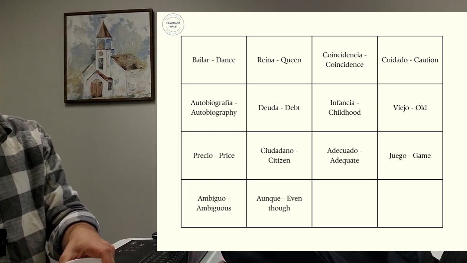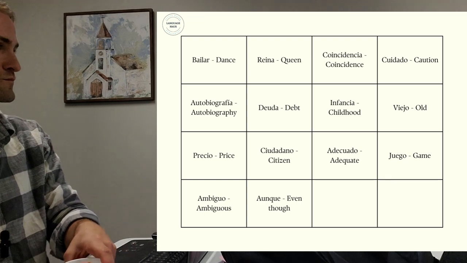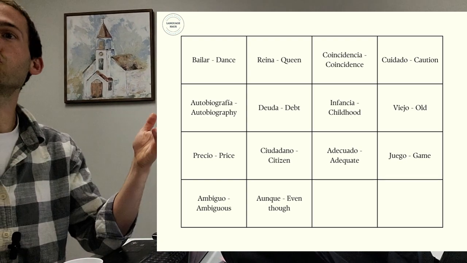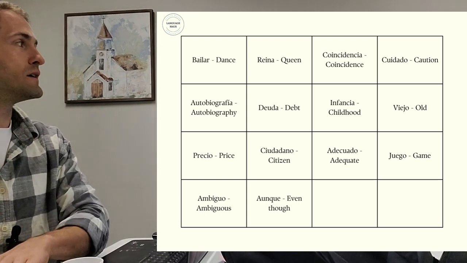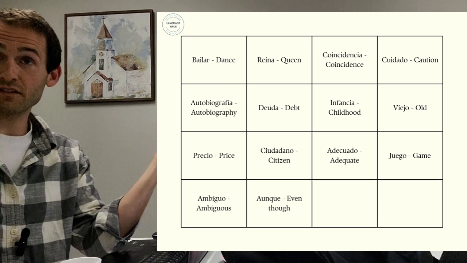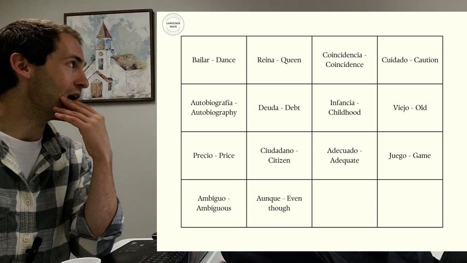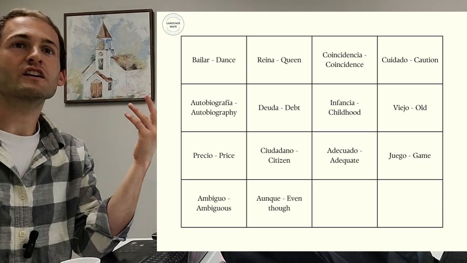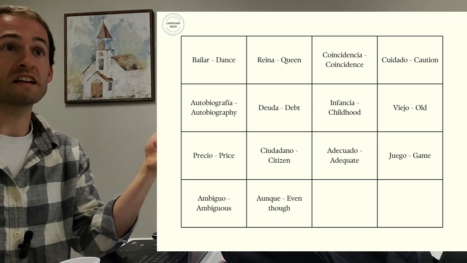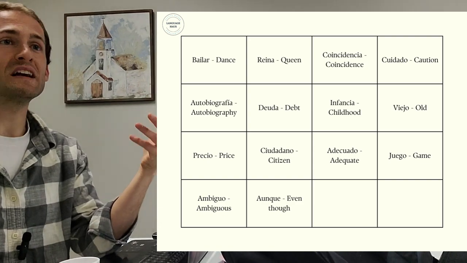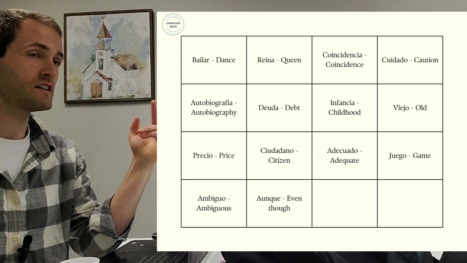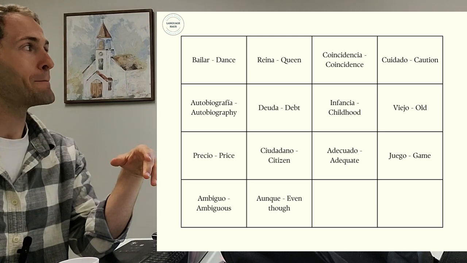City is ciudad. Caution is cuidado. And there's that hard C sound, just like how we would have, think like cumin, the seasoning. Cuidado. So that C carries the same pronunciation there.